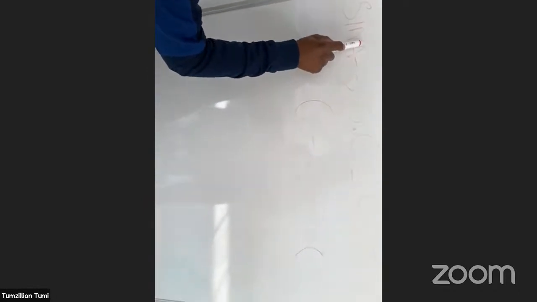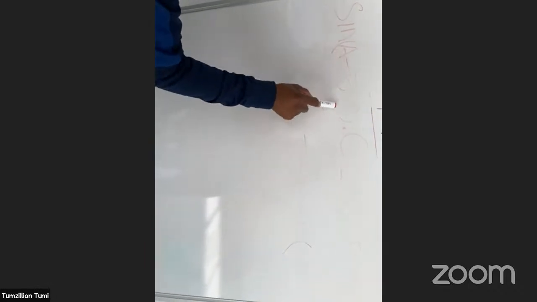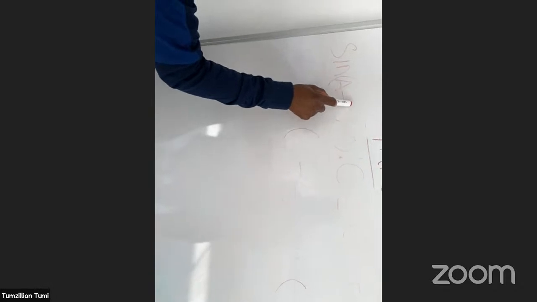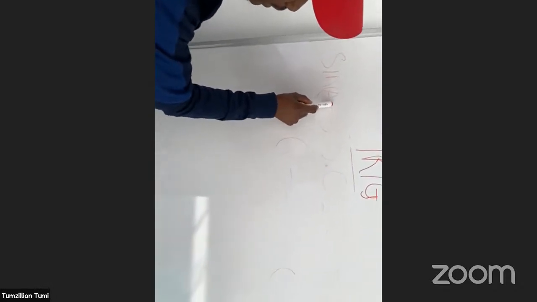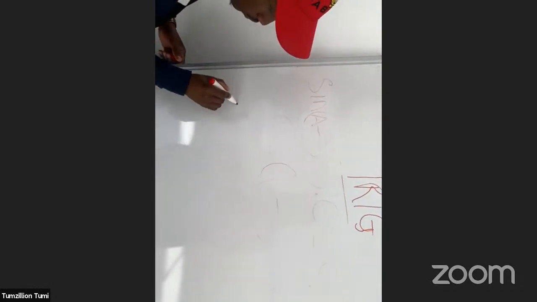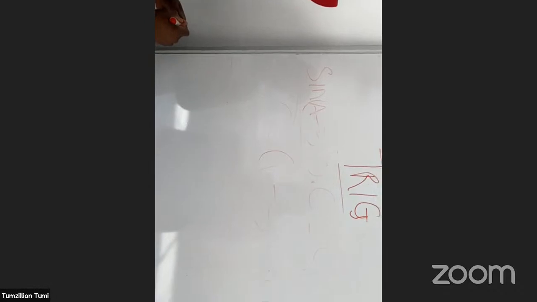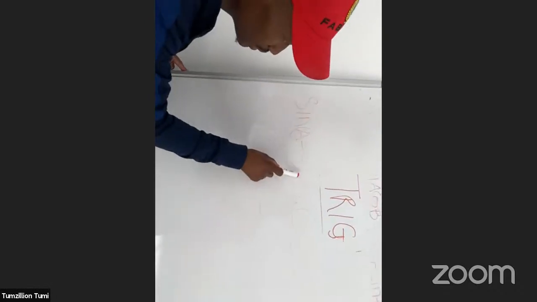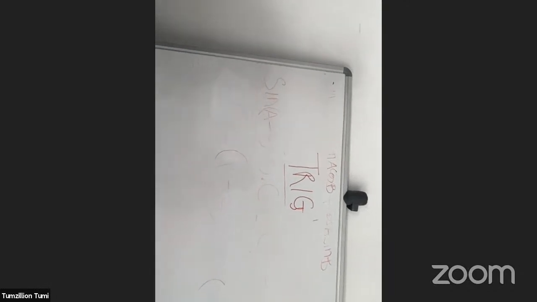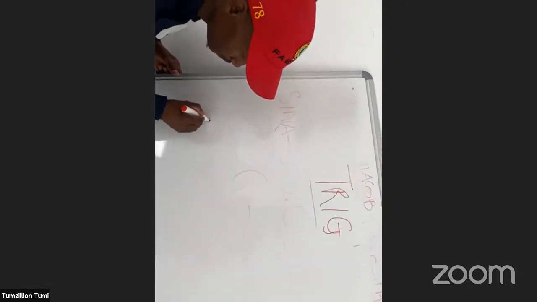You're going to rewrite it in standard form, meaning the 360 should come first. But you see, your 360 has a negative here, so you're going to take out the negative as a common factor, and then you're going to have a negative before the sine. We're going to have negative sine 360 minus A. That's what it's going to become.